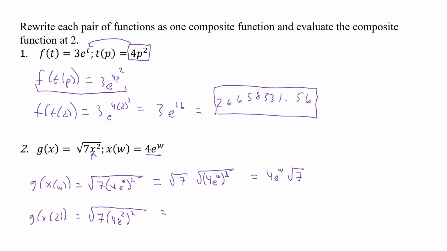And so then we could have this, or the same thing, 4e squared times square root of 7, depending on if we do this version or this version. And both of them should give us the same thing. This one, of course, is going to be easier to type into our calculator than this one, but they will both give us the same value. So let's go over to our calculator.